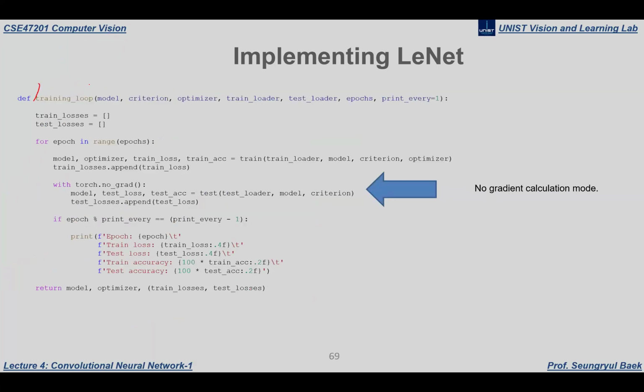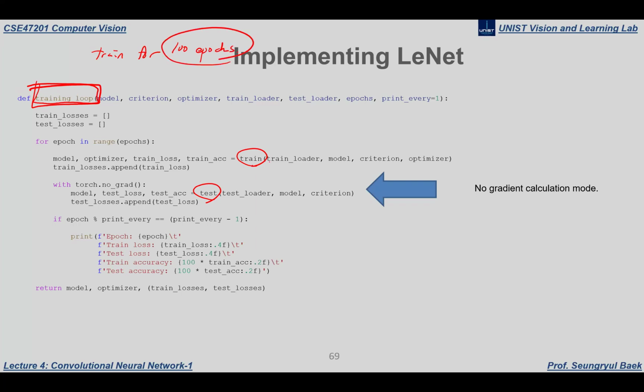And in the training loop, using the training and test methods you defined in the previous slide, you will train for 100 epochs, okay?